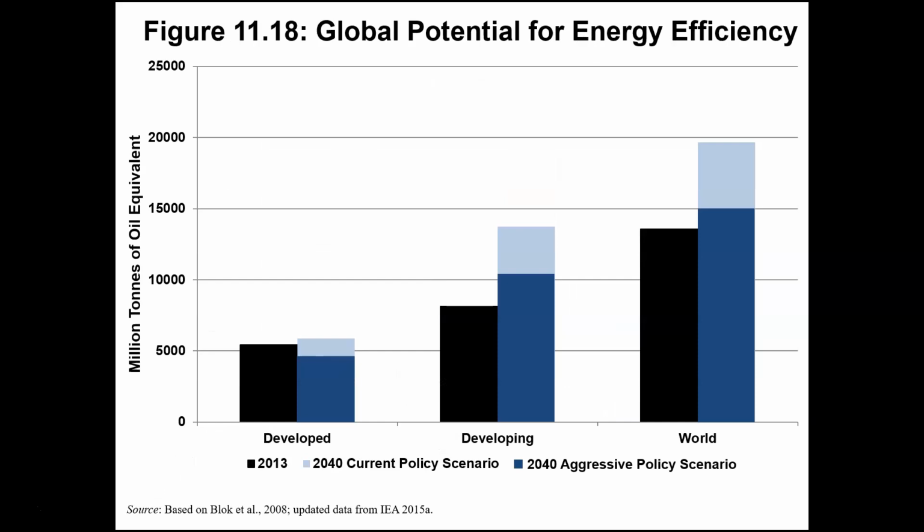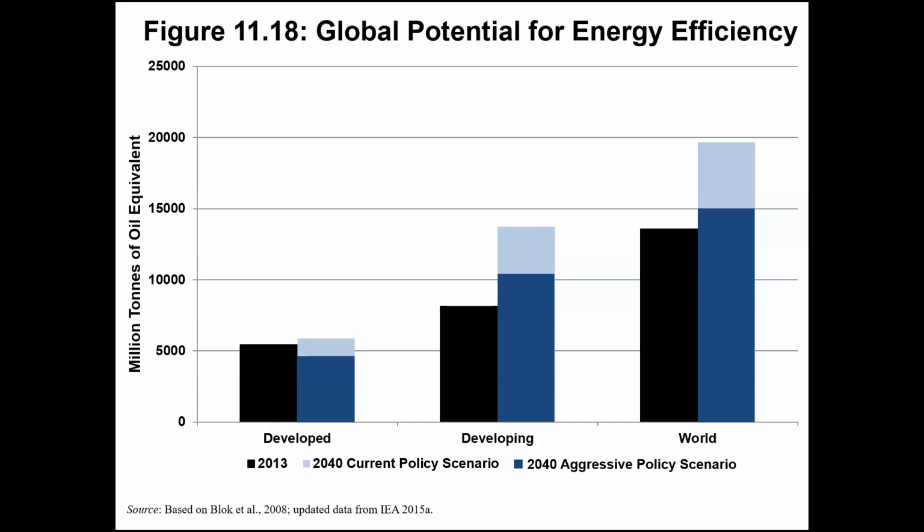So again, we turn to this look at what can happen if we start to make aggressive policy changes to try to shift our energy use, decrease energy use altogether, or shift it from non-renewable sources to renewable sources.